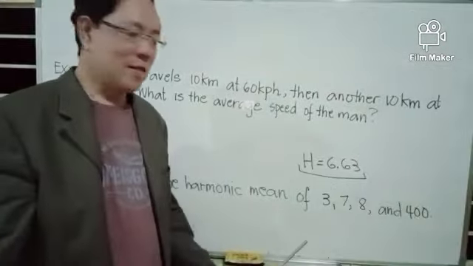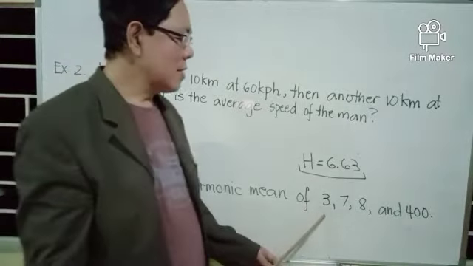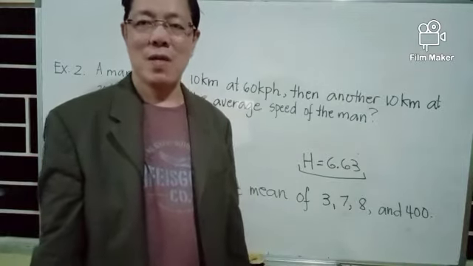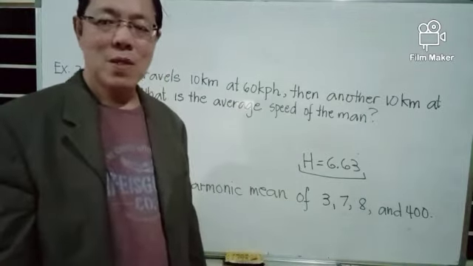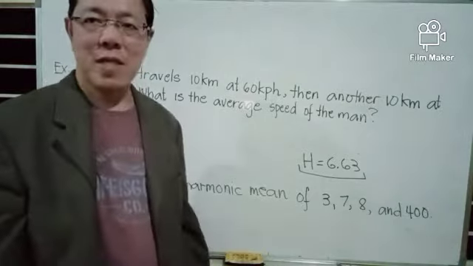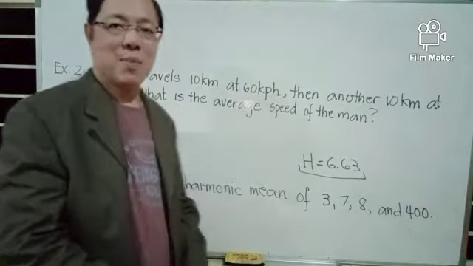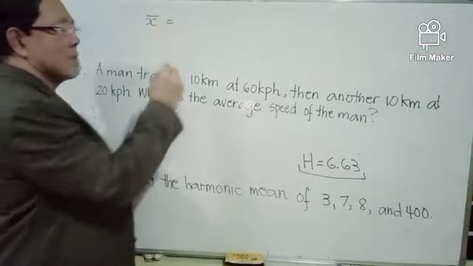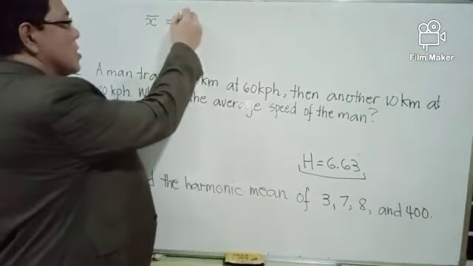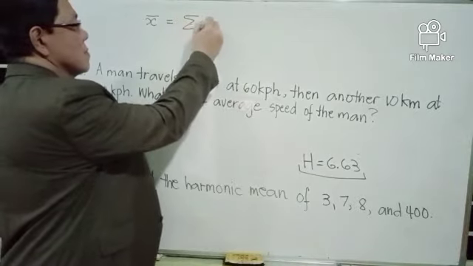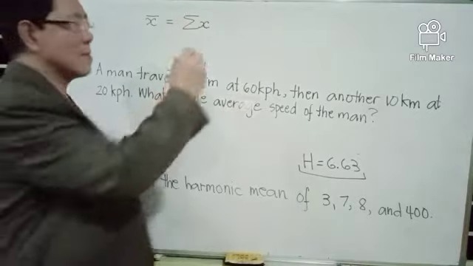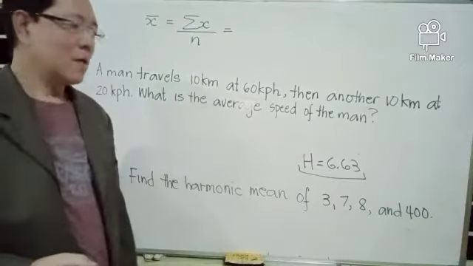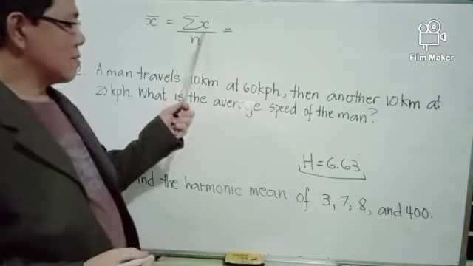Consider again the set of 4 values, 3, 7, 8, and 400. Suppose we compute the arithmetic mean or the sample mean for this set of data, denoted by x bar. x bar is given by the summation of the values, denoted by x, divided by the number of values.